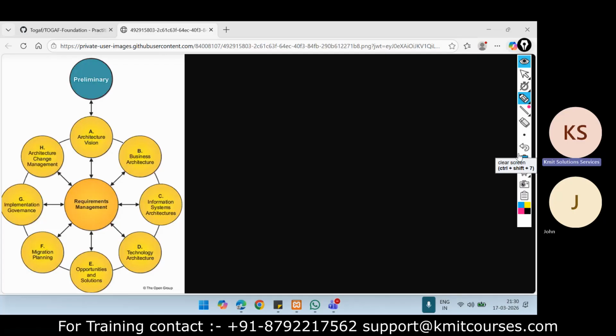So now this particular phase, phase C, covers two domains: the data domain and the application domain.